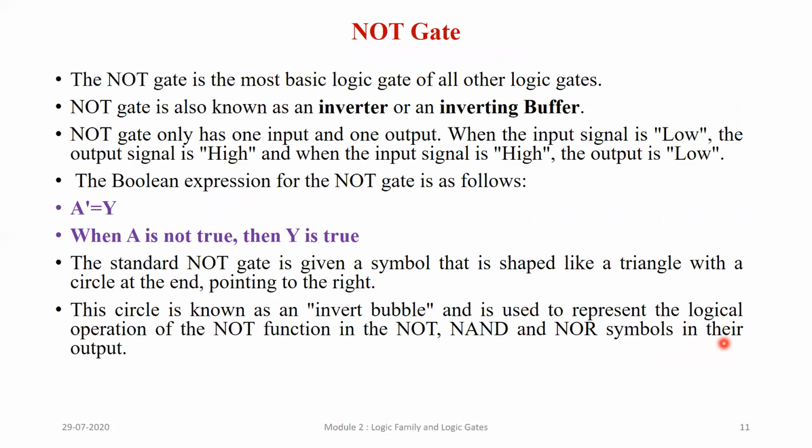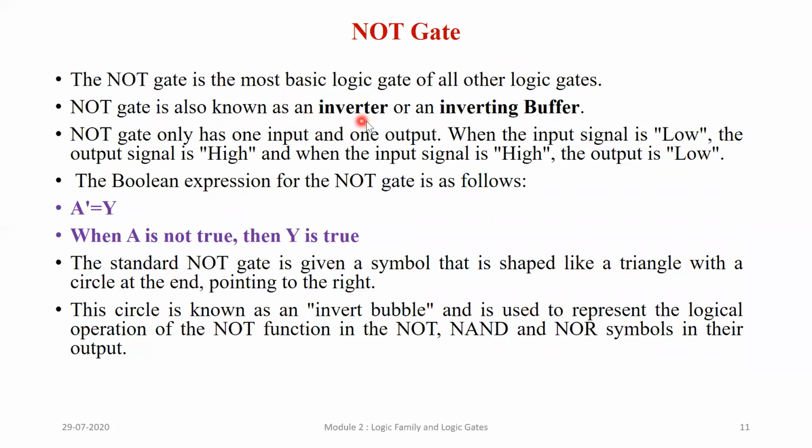Next comes the third gate. So we studied AND gate, we studied OR gate. The third one is the NOT gate. NOT gate has 2 names, inverter or inverting buffer. It is the most basic logic gate. It is an inverter or an inverter IC.